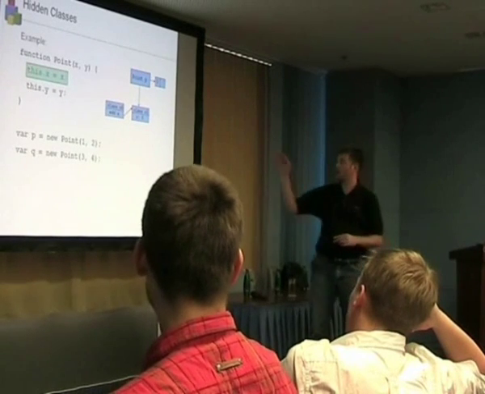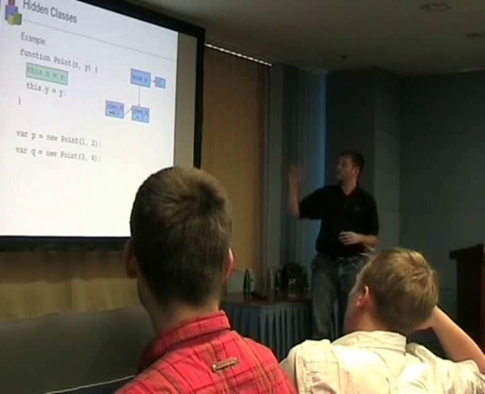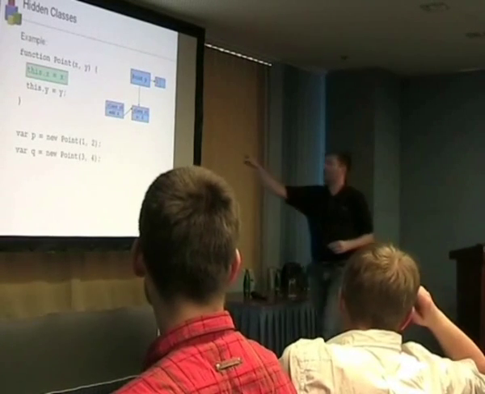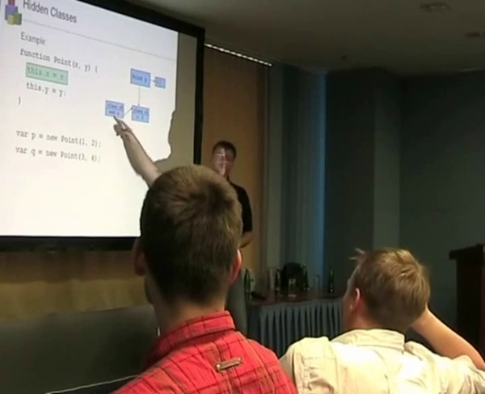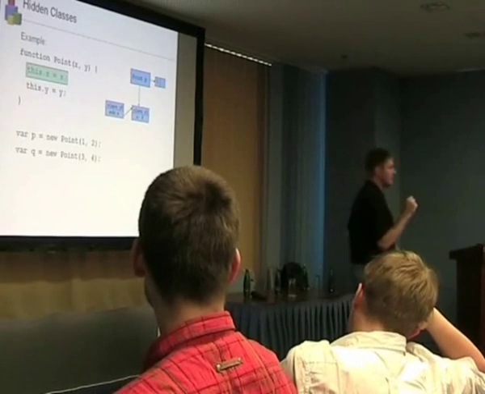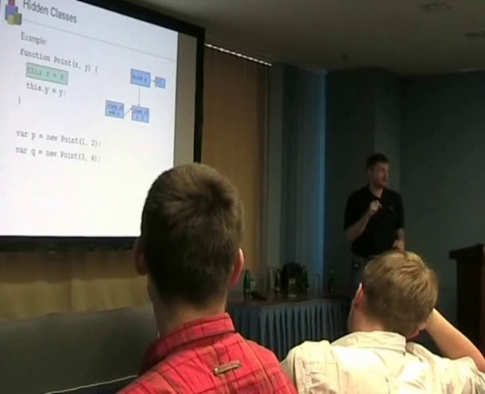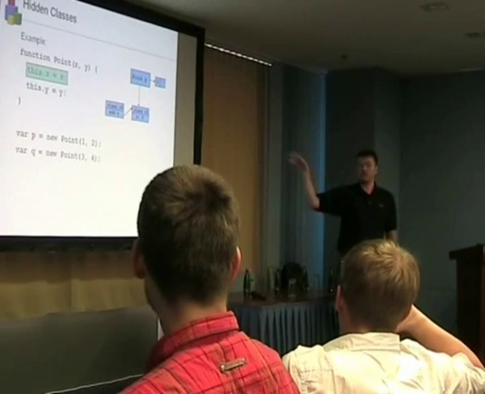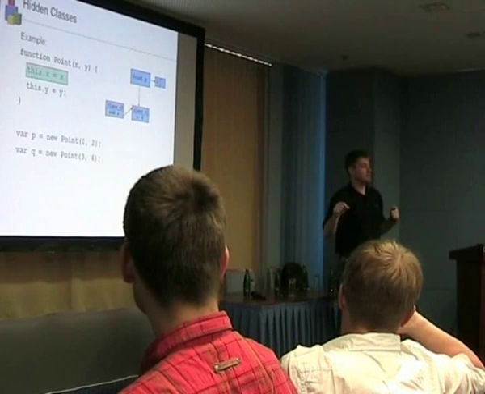I take a copy of the class C0 and add to it that X is at offset 0. And in the class C0, I record that if you have an object with this class and you want to add an X property, your object needs to get class C1. So we have classes and we have transitions between them.